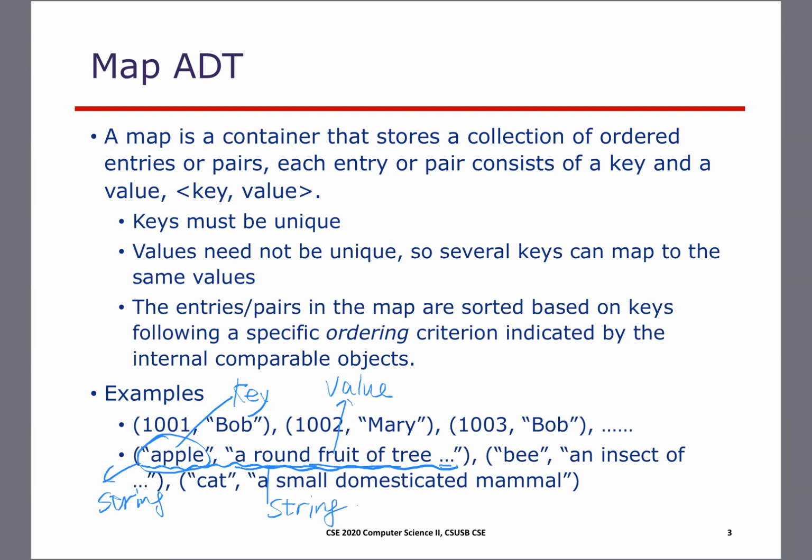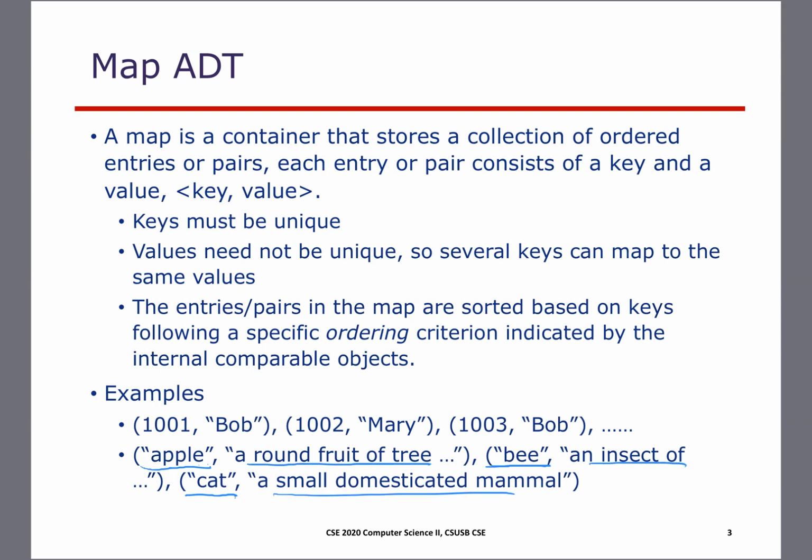We have 3 entries here, sorted based on the key, based on the word. The first entry's key is apple, the second entry's key is bee, and the third entry's key is cat. They are sorted based on the words, not on the meaning of the words. So this is a kind of dictionary, with a word and the meaning of the word. In fact, in some programming languages, the map abstract data type is also called the dictionary abstract data type.